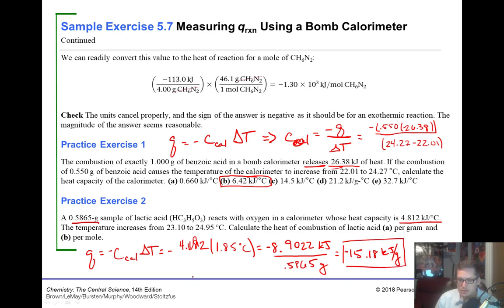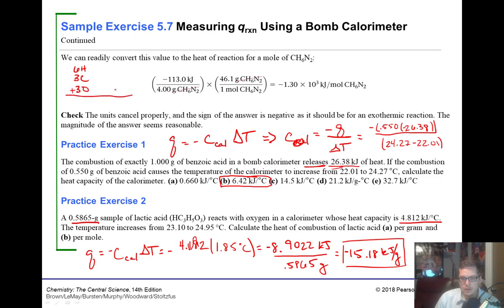Now for part B, which says per mole, all we have to do is convert our grams to moles. That means we have to find the molar mass. Lactic acid has 6 hydrogens, 3 carbons, and 3 oxygens.